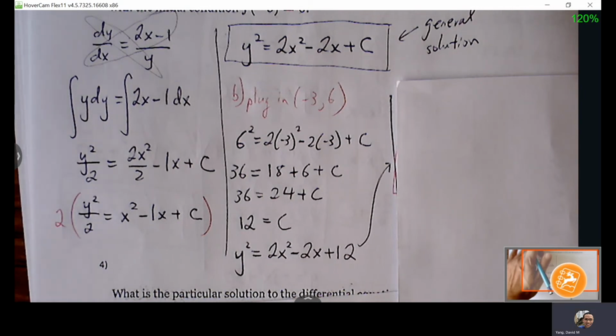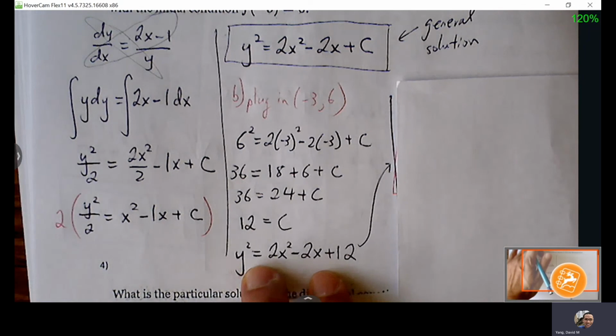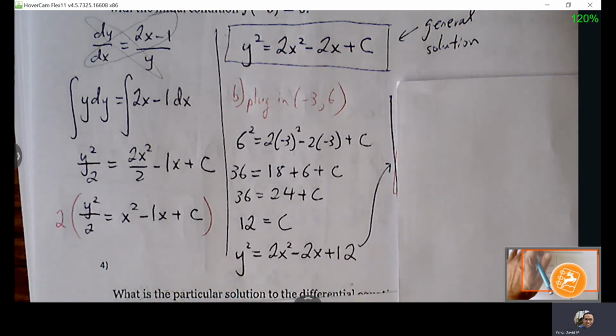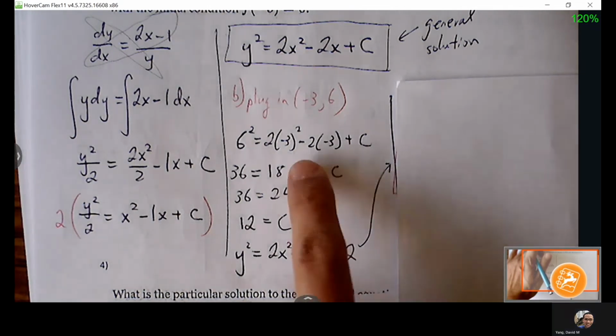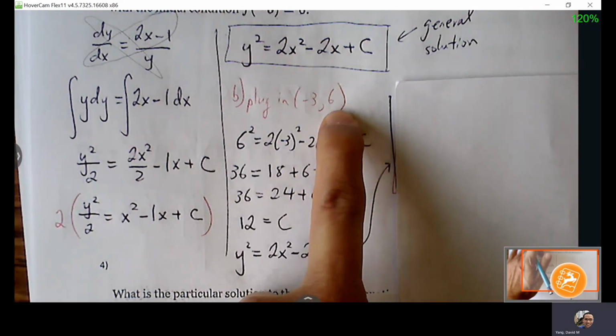C equals 12. Update your general solution with 12. And now we're one step away, and that is to do what? Take square roots. 2 solutions will pop up, a positive and negative square root. Which one do we choose? Positive, because of the y value. Right? You look at the y value of the ordered pair.